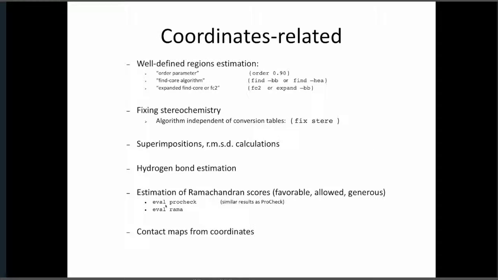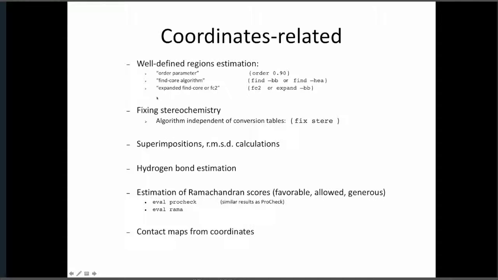In order to explain some of the commands, centering on the analysis of structures coming from NMR, I divided the commands into either coordinates related or constraints related. For the coordinates related ones, the most useful are expressed in this slide.